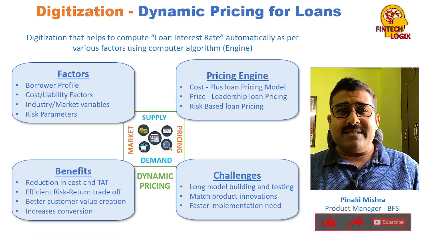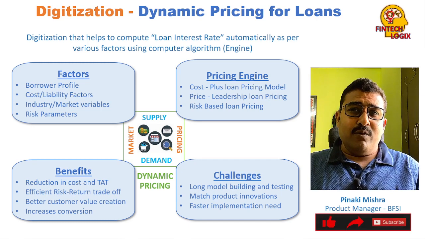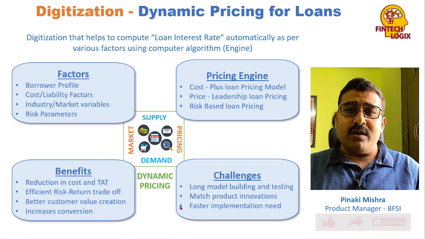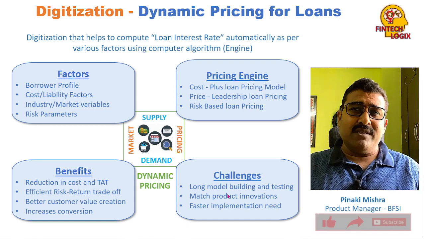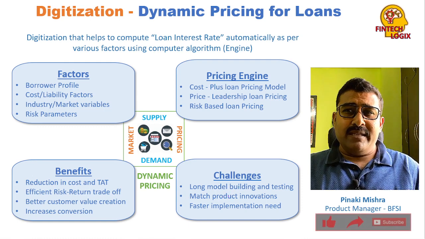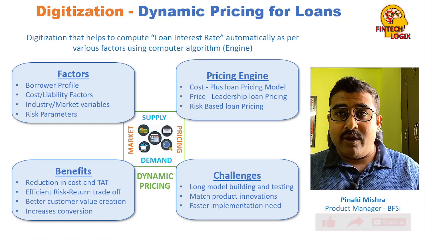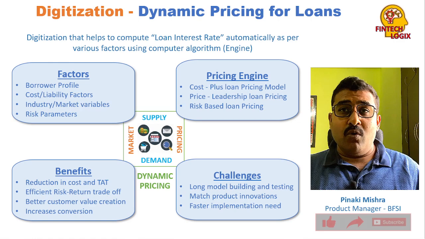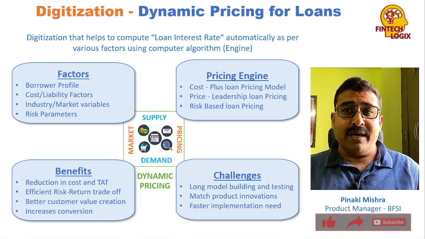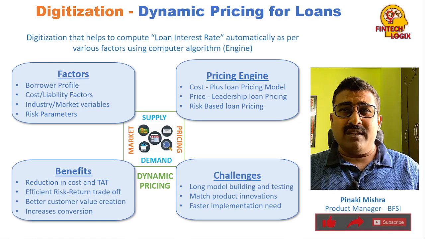Now, the next challenge is to match the speed of product innovation. All of us know that there is a lot of product innovation, as in financial product, your loan product innovation, which goes on in this market with digitization. Gone are those days where there was just one personal loan.